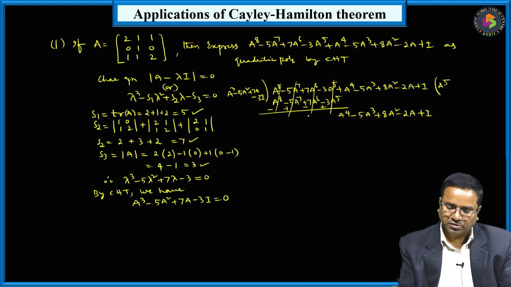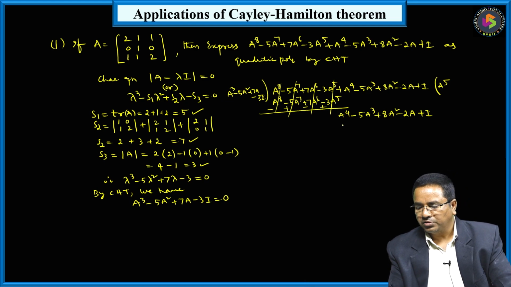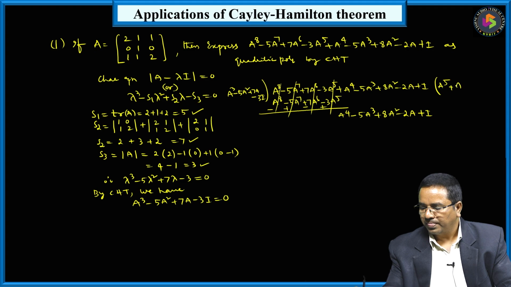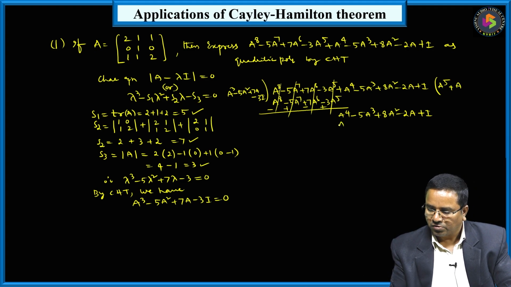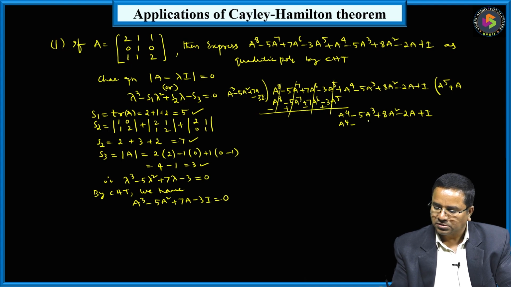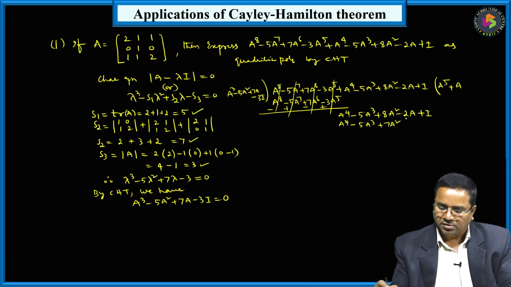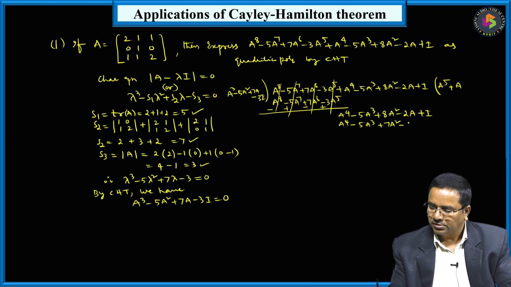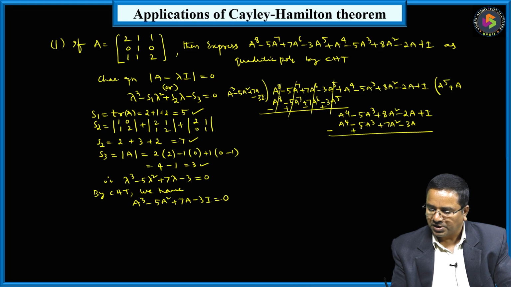So next, what do we multiply by? Here we have A cube, here A power 4, so we go with A. Multiplying with A, we get A power 4 minus 5A cube plus 7A square minus 3A. Now subtract: minus, plus, minus, plus.